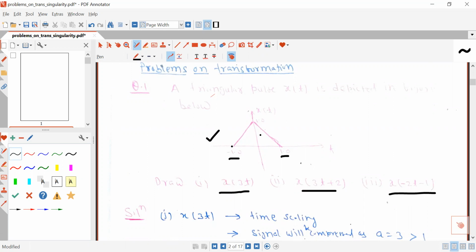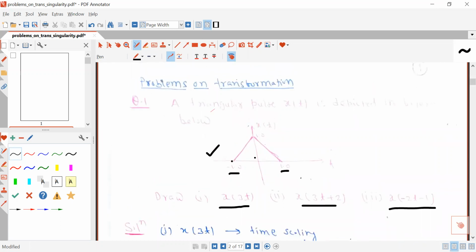The original signal x(t) is given, and you have to determine the characteristics of x(3t+2) and x(-2t-1). So how will you get the transformed signal from the original signal?